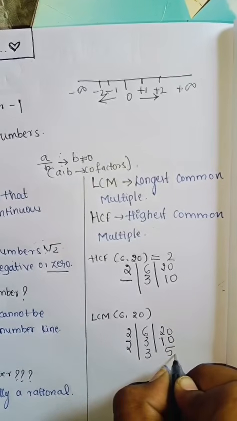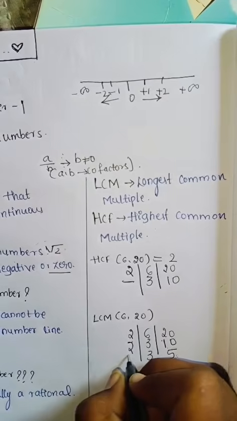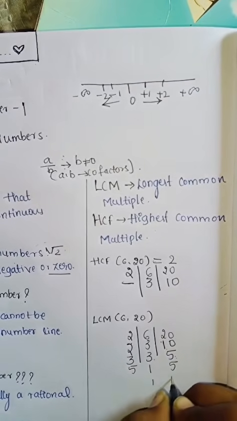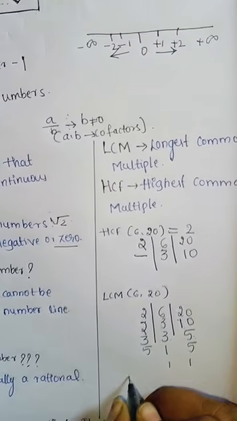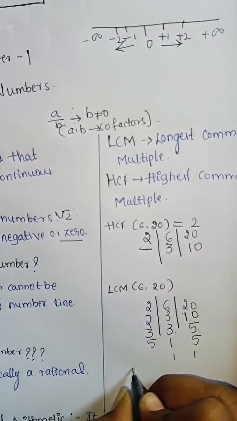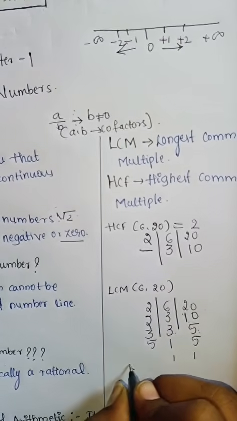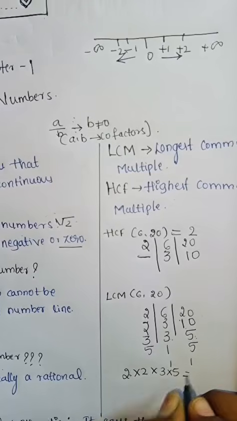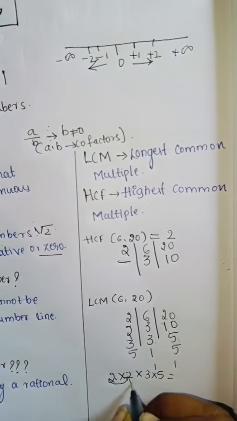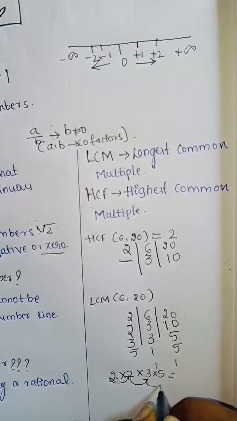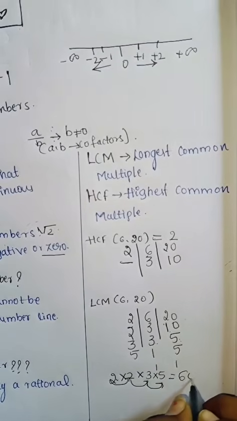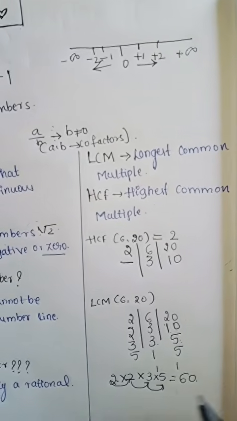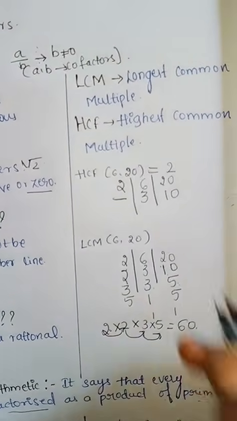Now 3 and 5 are prime numbers. 3 ones, 5 as it is, 5 1 1. Let us find the LCM of both the numbers by multiplying these factors. 2 into 2 into 3 into 5. We'll get 2 2s 4, 4 3s 12, 12 5s 60. Yes, the least common multiple of both the numbers is 60.